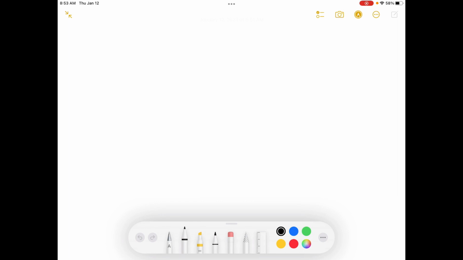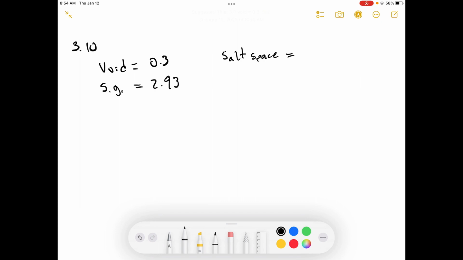Okay, so we'll do 3.10. The void fraction is equal to 0.3. The specific gravity they gave us is 2.93, and we know that the space the salt takes up in the bag is going to be 1 minus the void space, because there's either void or there's salt in the bag.